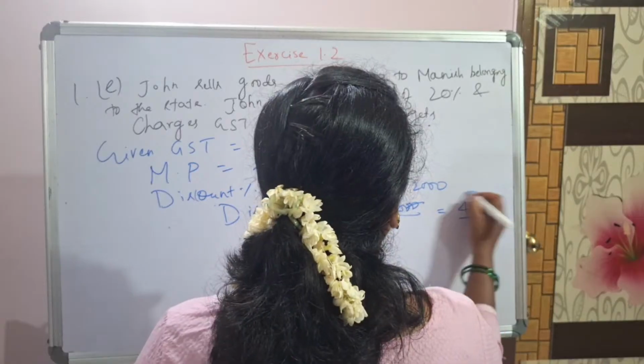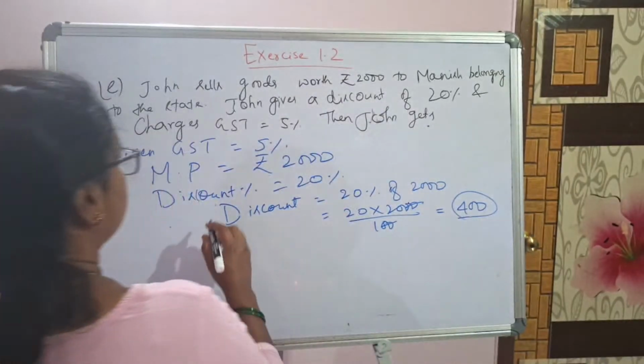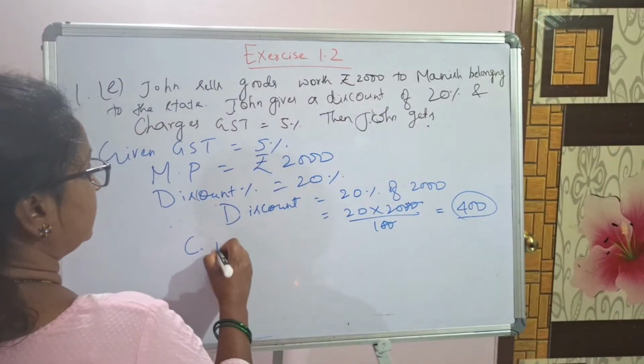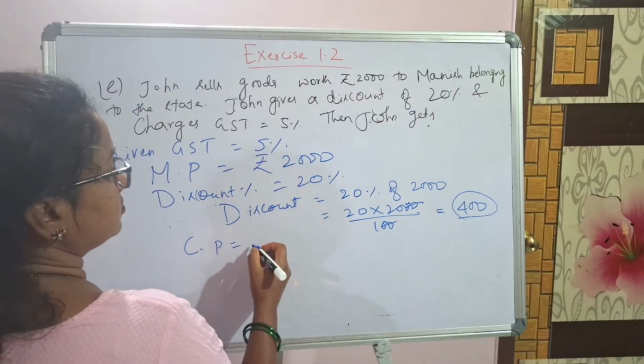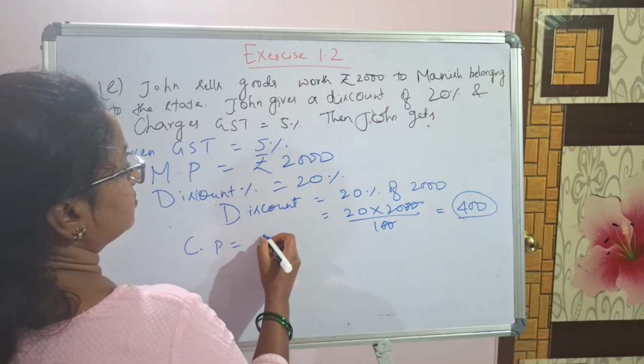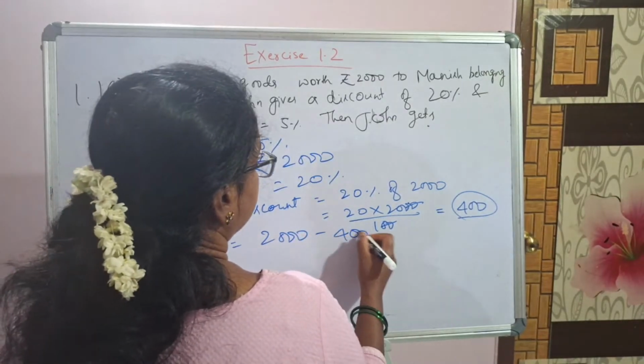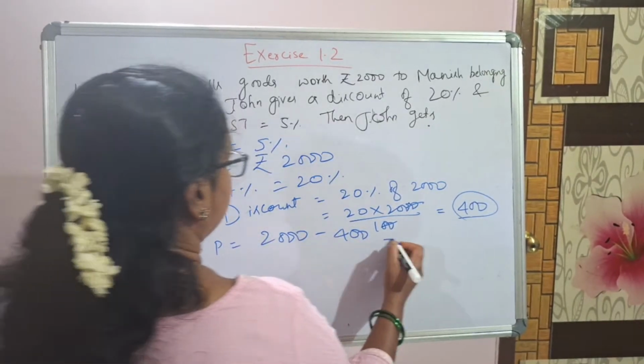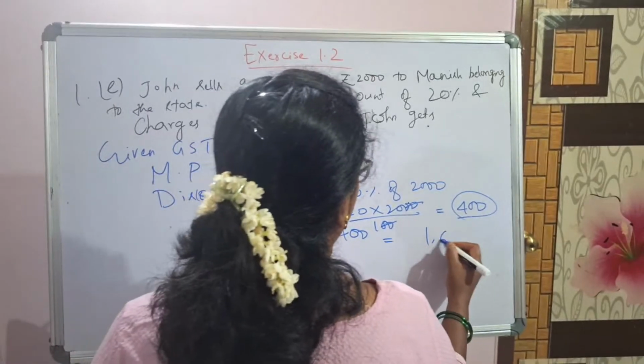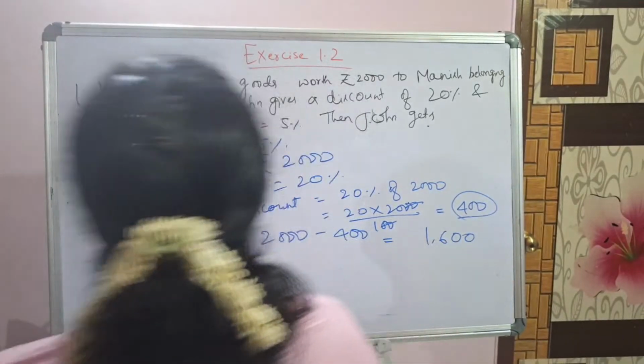So 400 is the discount amount. Then the cost price is 2000 minus 400, which is equal to 1600.